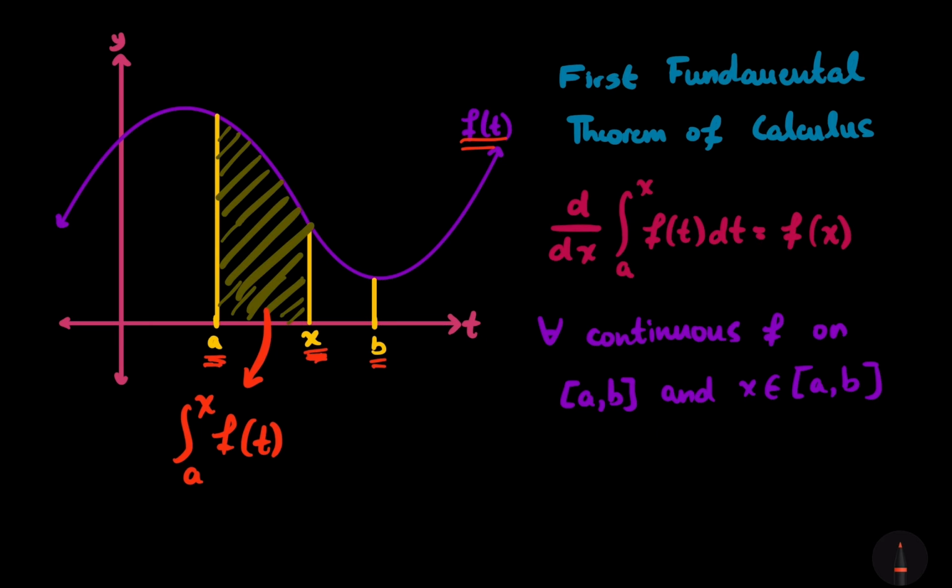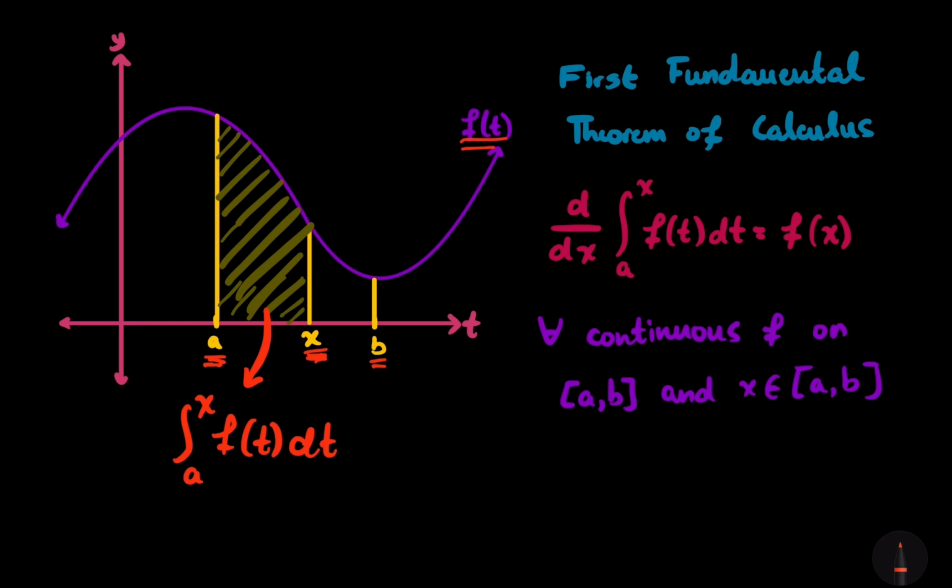We're using the variable t because we're using x as our particular value, so we use t as our independent variable, dt. So this would give us the area beneath our curve over the interval from a to x, where x is contained within the interval a to b. And we know our function is continuous over a to b. It doesn't really matter what else it does outside of that interval.